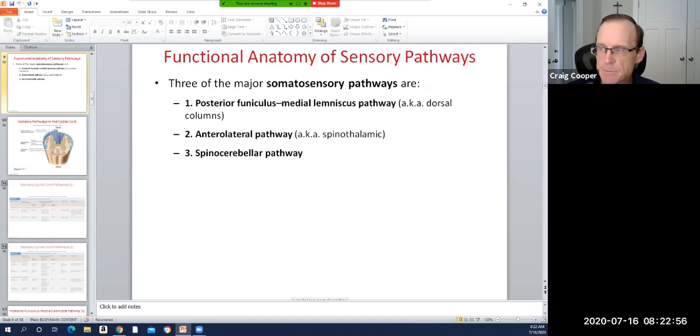And again, these names can tell you a lot. If it's spinothalamic, it means that information is going from the spinal cord to the thalamus. So that's ascending. It's going from a more inferior location to a more superior location. And then our spinocerebellar, that's going to be that 2 neuron chain that's just going from the spinal cord and then synapsing at the cerebellum itself.